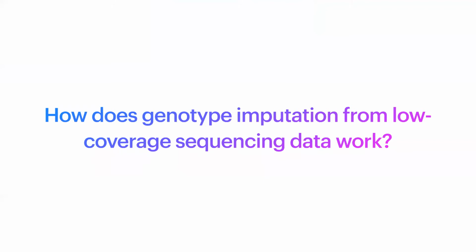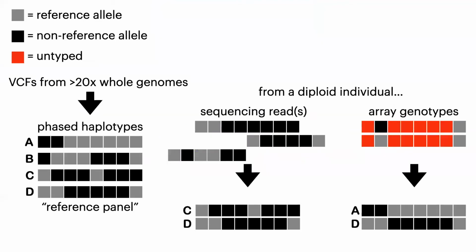So I wanted to talk a little bit about how imputation of genotypes works from low coverage sequencing. Low coverage sequencing on its own produces raw sequencing reads, short sequences from DNA, but to actually get the genotype calls, we use a statistical method called imputation. What you have in most cases is a reference panel of genomes you've sequenced at higher coverage, maybe 20 or 30x.